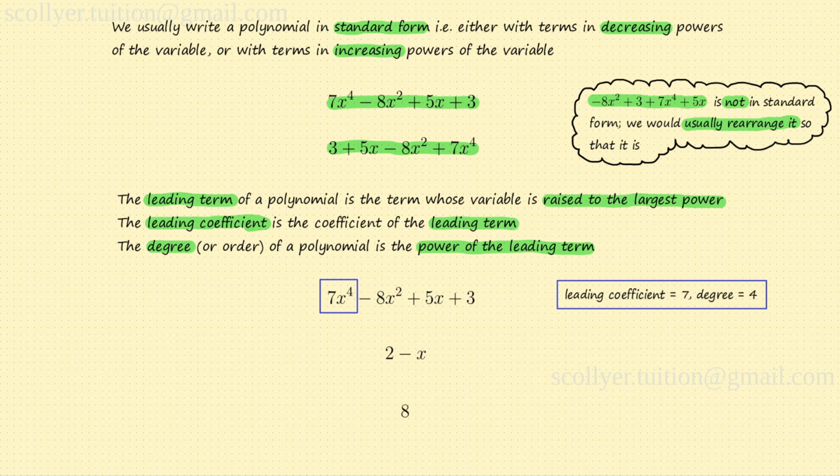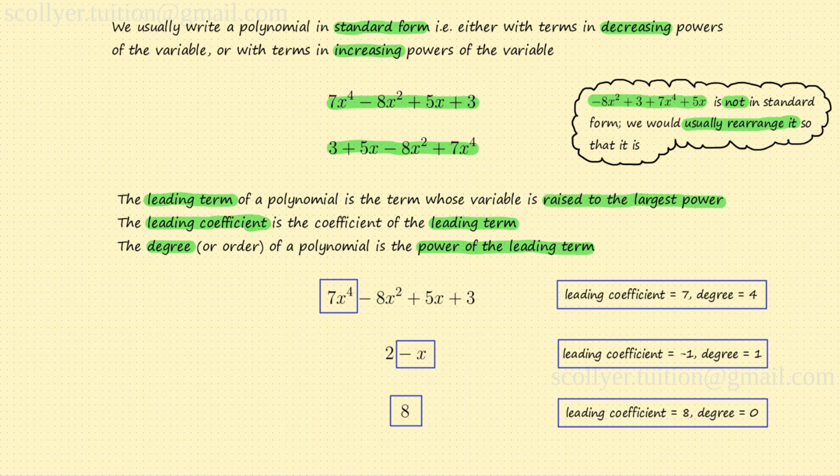Here, the blue box indicates the leading term. The leading coefficient is 7 and the degree is 4. Again, the blue box indicates the leading term. Here, the leading coefficient is -1 and the degree is 1. This polynomial has only one term, a constant. It has a leading coefficient of 8 and a degree of 0.